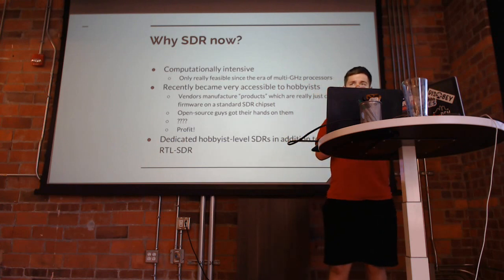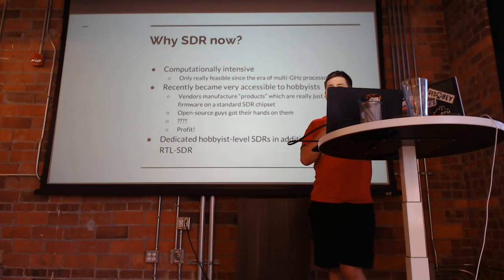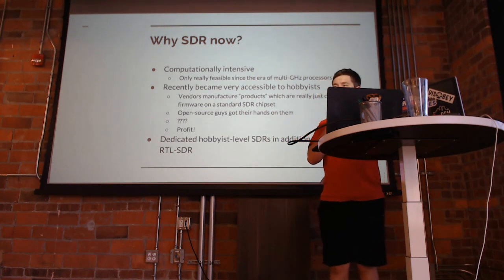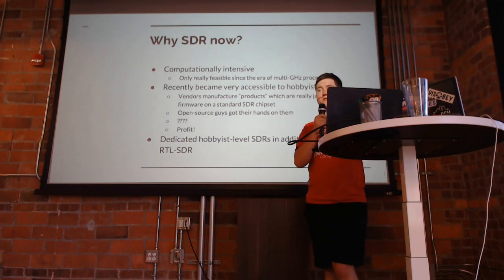One of the largest factors for why it's become accessible on a hobbyist level is that there's been a slew of products coming out where SDR has become so cheap from a commercial perspective that if you're a vendor producing a product, sometimes it's cheaper to just grab an SDR off the shelf, throw some software at it, and put it out on the market.